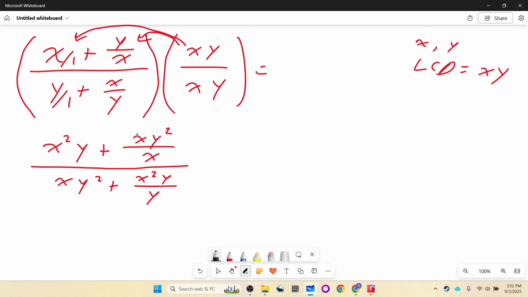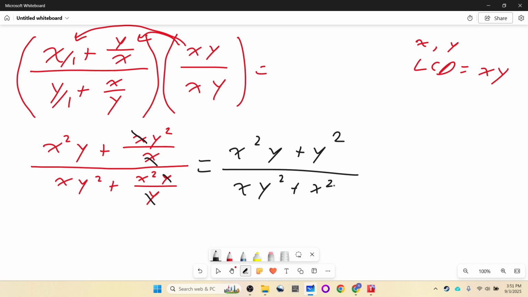And then I can get rid of some of those, and it would be (x squared y plus y squared) over (xy squared plus x squared). And for these domain issues we've been talking about, I should also say x cannot be 0 and y cannot be 0, because we have x's and y's in denominators all over the place, so neither one of them can be allowed to be 0.